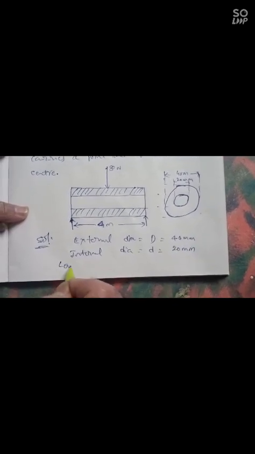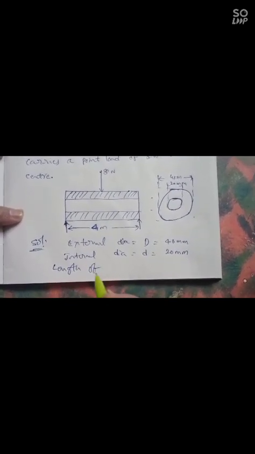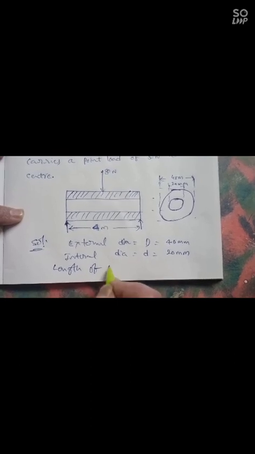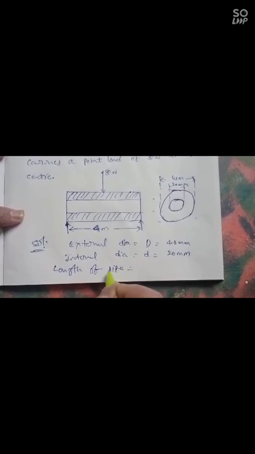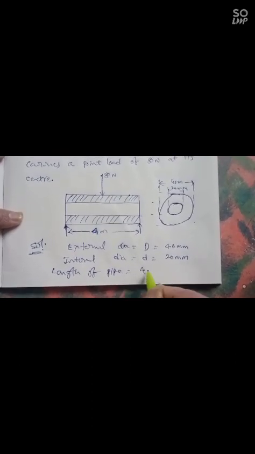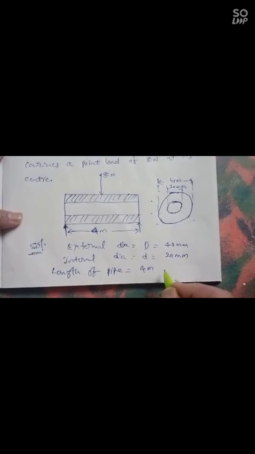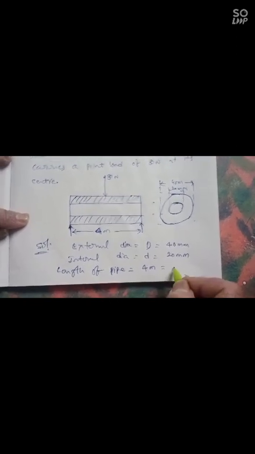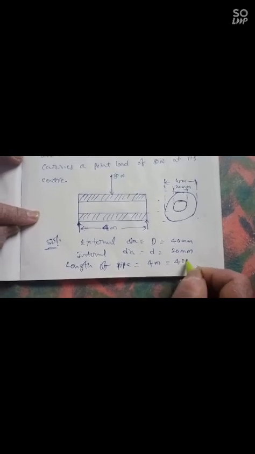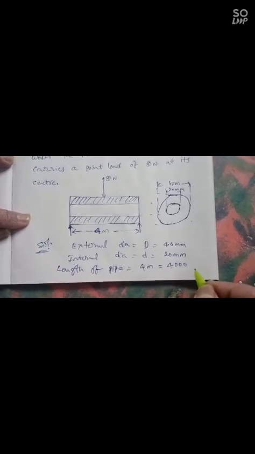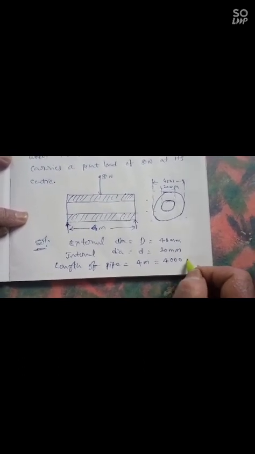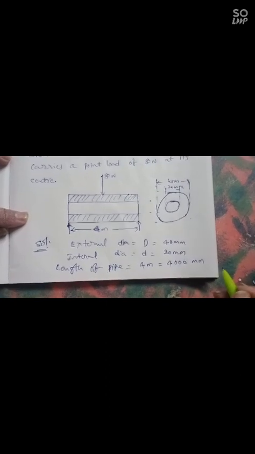Next, length of pipe, that is 4 meters, which is equal to 4 into 10 cube, or 4000 mm.